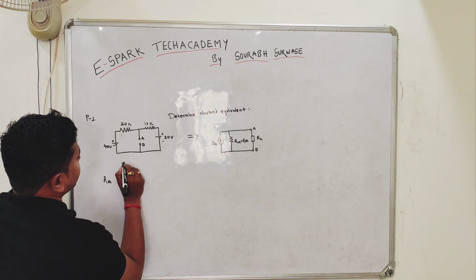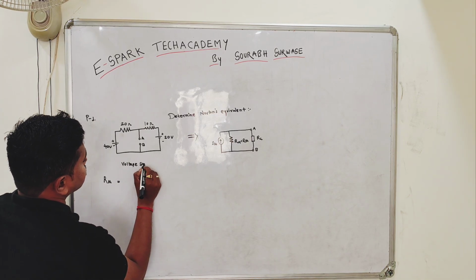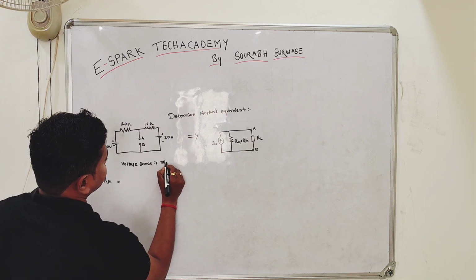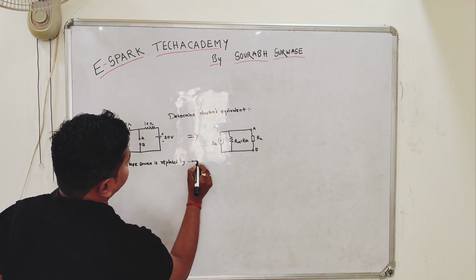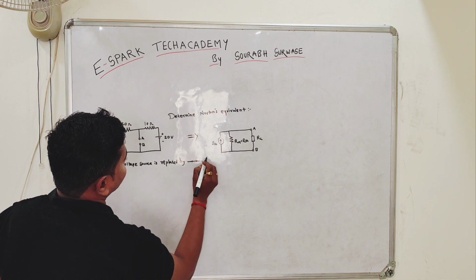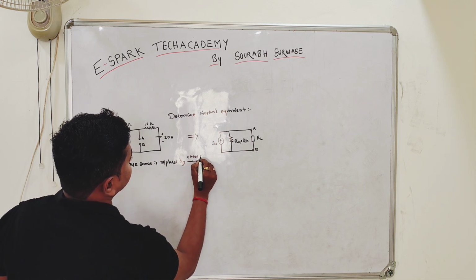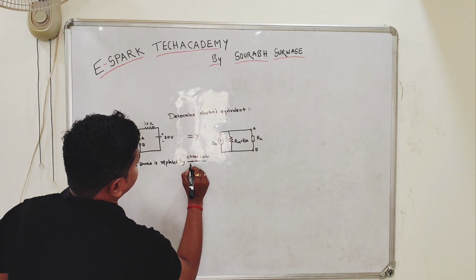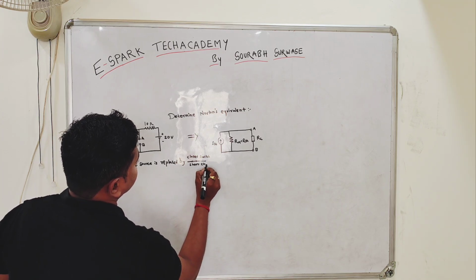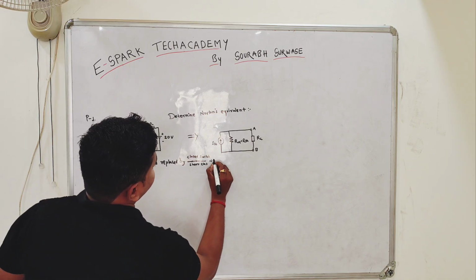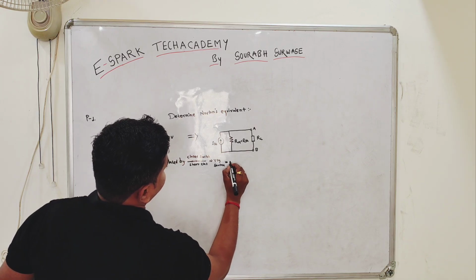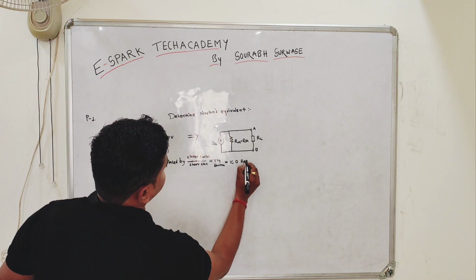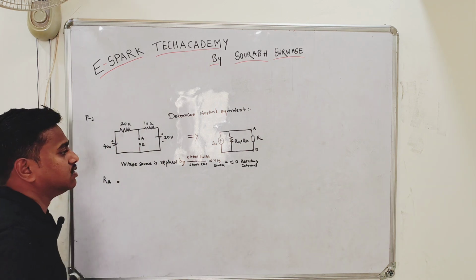Here one thing I have to mention is that a voltage source is replaced by a closed switch, means short circuited, because a voltage source has nearly zero internal resistance.